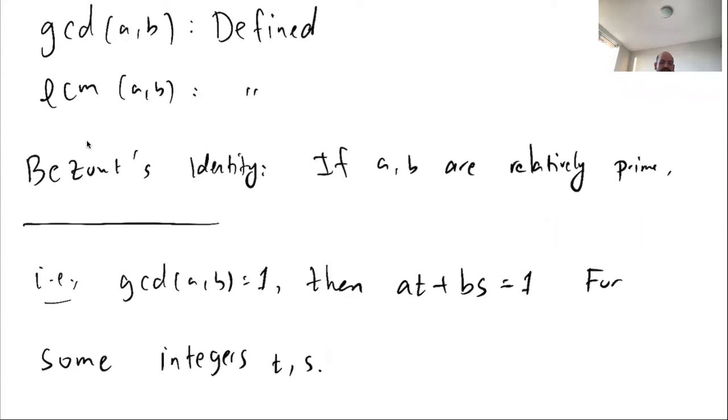Under those circumstances, AT plus BS equals 1 for some T and S. In other words, some linear combination of A and B is going to be 1 if A and B are relatively prime.